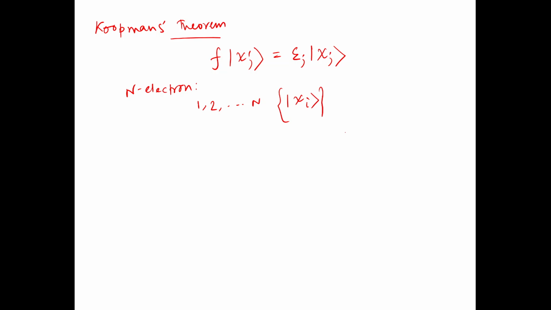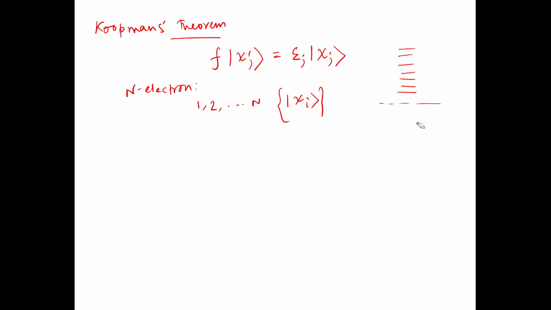But you will actually have many other solutions, for example above the N level, because this is an eigenvalue equation and it has many solutions depending on the basis set that you are using.